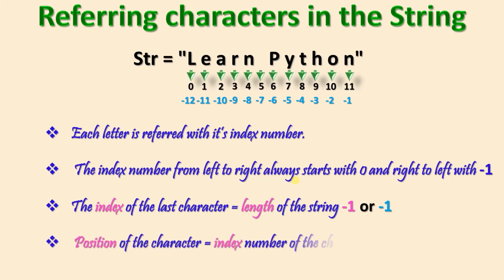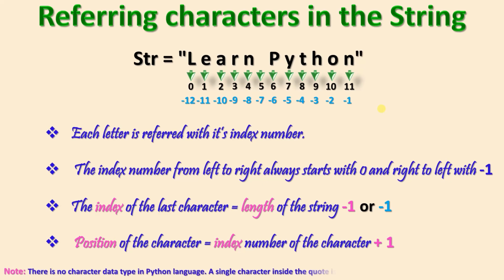The position of a character is the index number of the character plus 1, considering the index number from left to right. Note, there is no character data type in the Python language. A single character inside quotes is considered a string with length 1.